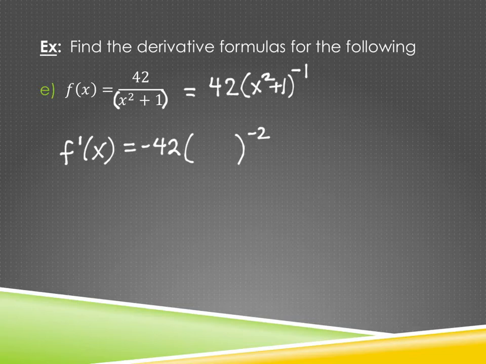And I rewrite the inside. The inside never changes when I'm taking the derivative of the outside. But I do multiply by the derivative of the inside afterwards. What is the derivative of x squared plus 1? 2x. So this piece is the derivative of the outside, and this piece is the derivative of the inside, and they are multiplied together.